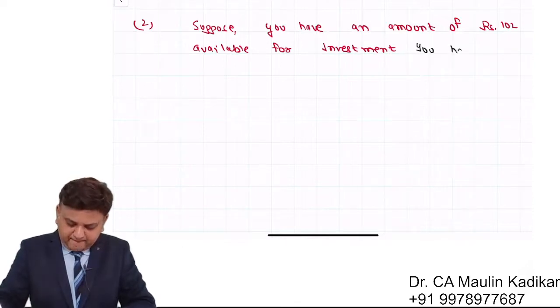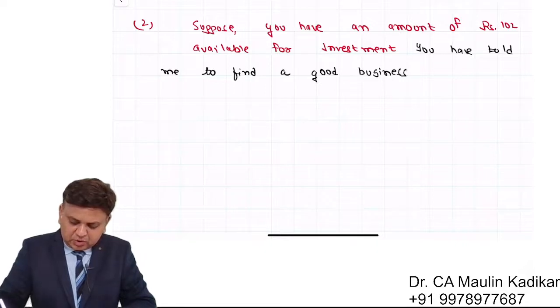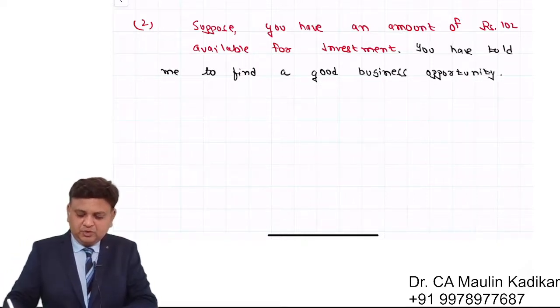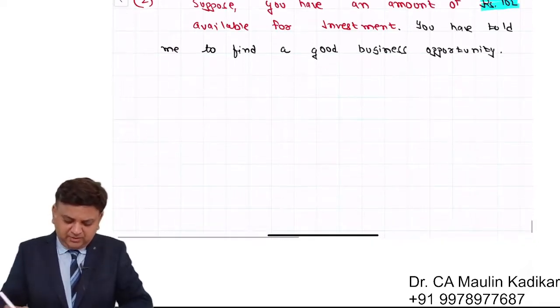You have told me to find a good business opportunity. So you have an amount of rupees 10 lakhs and you have told me that, sir, I'm interested to invest this 10 lakh rupees in a business. You just tell me if at all you have any such kind of business opportunity.